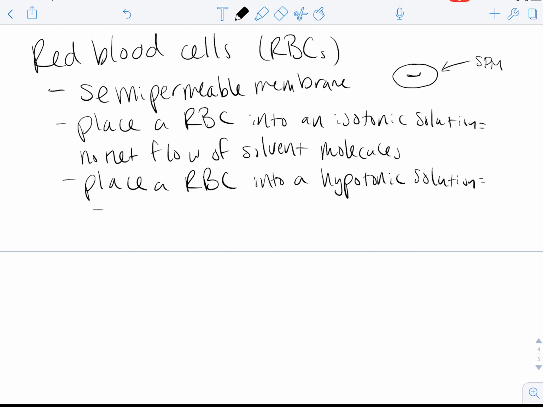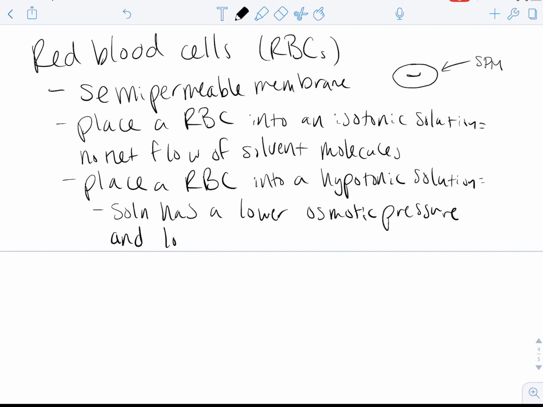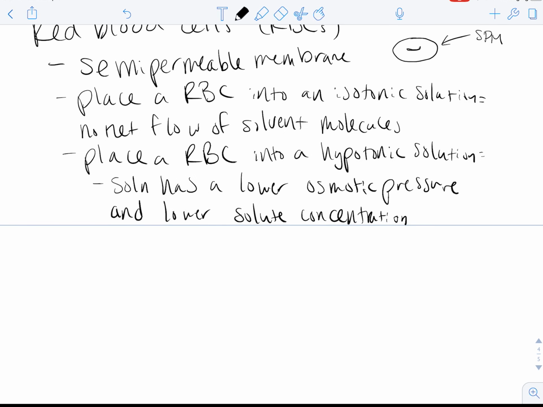In this case, the solution has a lower osmotic pressure and lower solute concentration. So as such, we're going to move water from that lower concentration into the red blood cell.